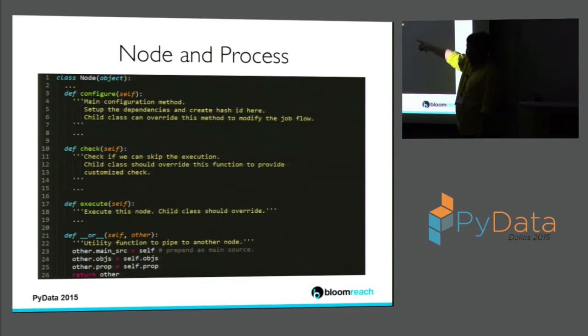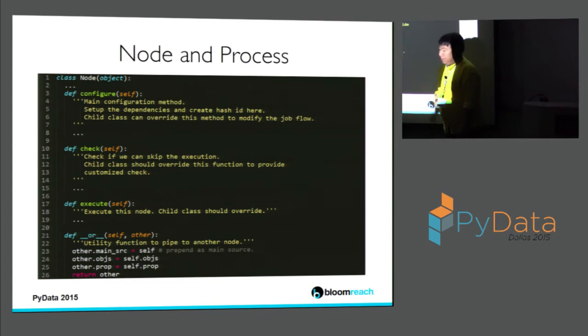This is the idea from Makefile. If you check your input and output timestamps, and you find your output is actually newer than your input, then you don't have to execute this. So this function gives us the ability to make the pipeline resumable. If you run the pipeline and something failed, you change it, then you can continue to run.